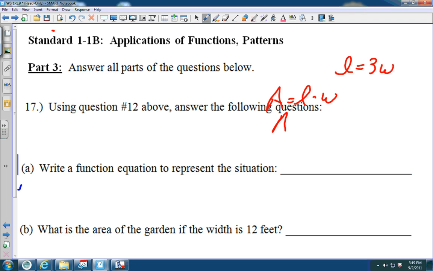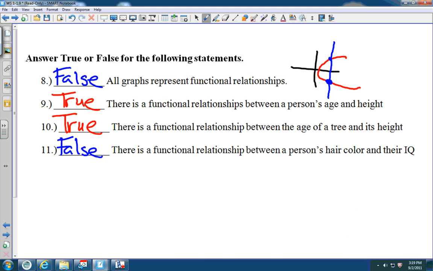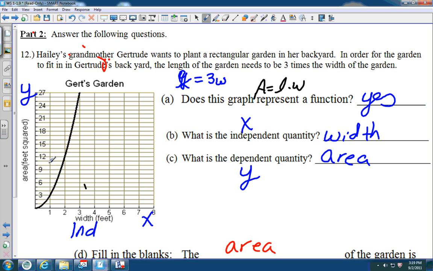So I've got area equals 3 times the width times W. So my function would be the area equals... I don't think it really meant to do this, but I think it really wanted you to do what I was doing. I'm looking confused here, aren't I? But that's okay because we're working through this.